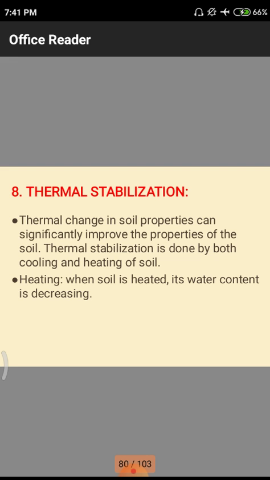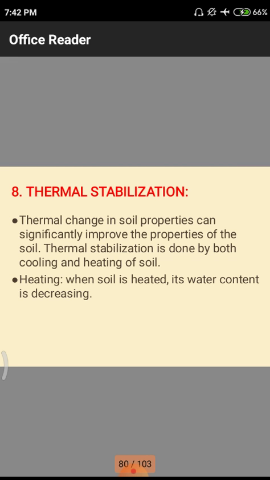In those cases we employ this method to improve the properties of soil for constructing large scale projects. Thermal stabilization means we give direct heat to the layers of the earth, so that the heat takes off the water content present in the soil.